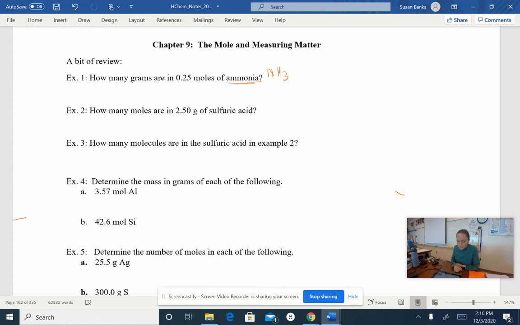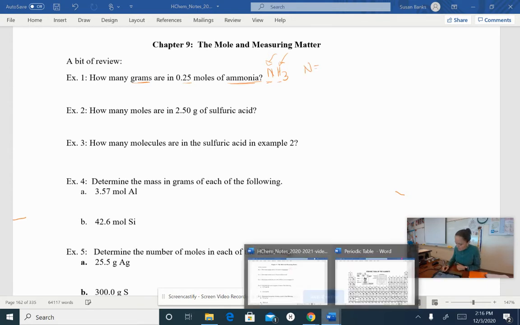Now the thing that we need to figure out to go from moles to grams is we need the molar mass. If you remember how to calculate the molar mass, we need to know the type and the number of all the elements in a compound. If you look at ammonia, we have one nitrogen right here, and we have 3 hydrogens. So we're going to look up nitrogen on our periodic table.